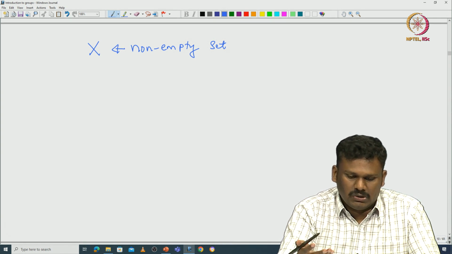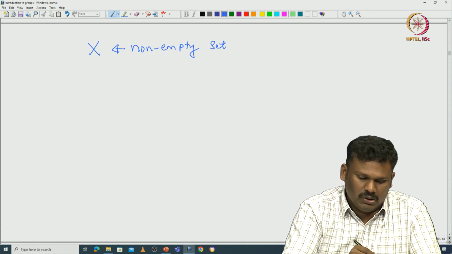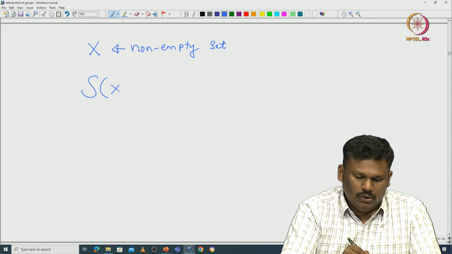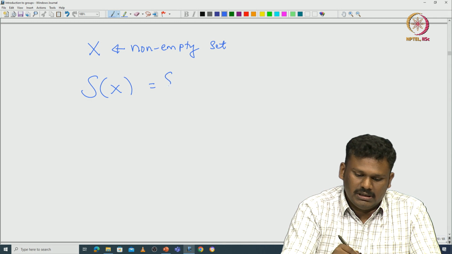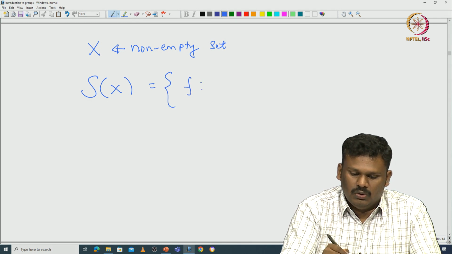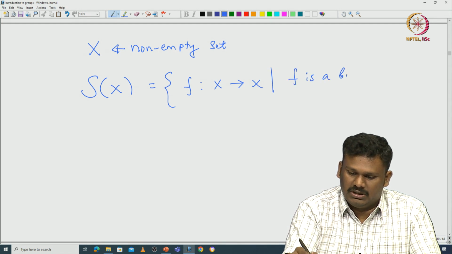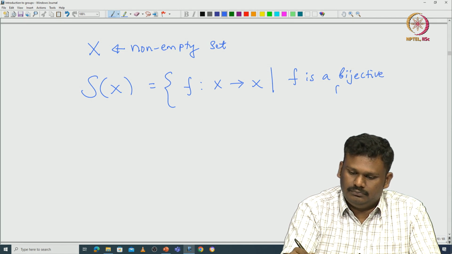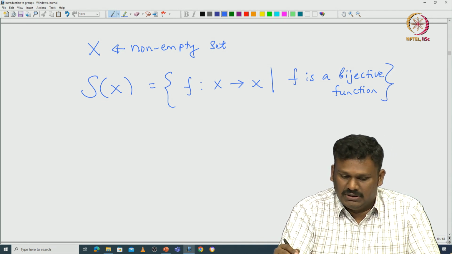So here is the natural group that naturally acts on X. That is called the symmetric group, which we denote by S of X. So what is this? This is those functions from X to X such that f is a bijective function. I hope all of you are familiar with what a function, a bijective function and so on are.